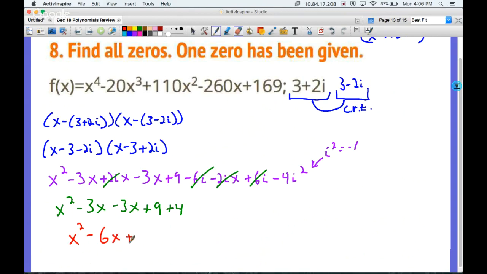After I combine my like terms, I've got x squared minus 6x plus 13. I know that that is a quadratic factor of this quartic up here. If I know it's a factor, then it should divide in evenly, thus simplifying our polynomial and giving us something that we can probably factor, just using simple factoring.